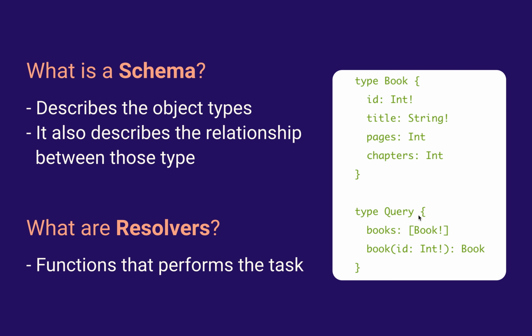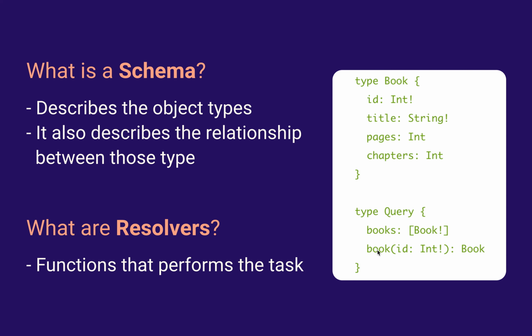And this is the type Query. Book says that this type Book is required and it is an array. The brackets mean that it's an array. The second one is an example in which you want a particular book. If I want a book with ID 100, that's what it says.